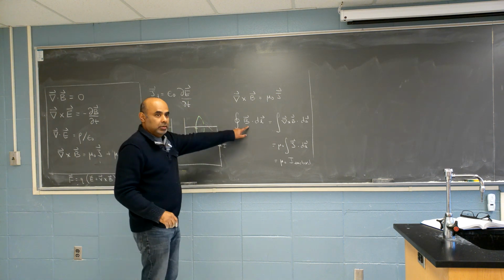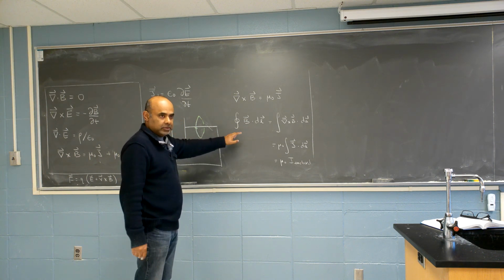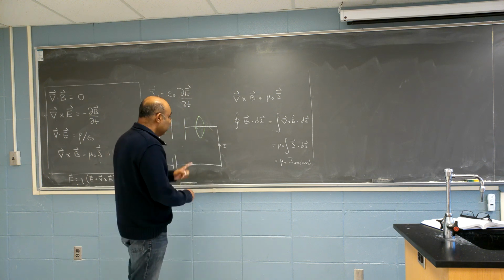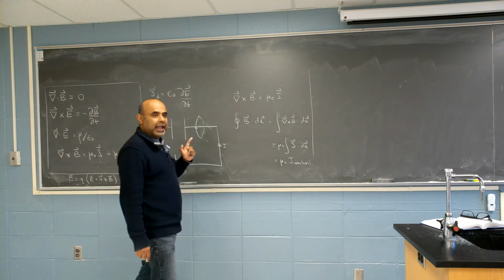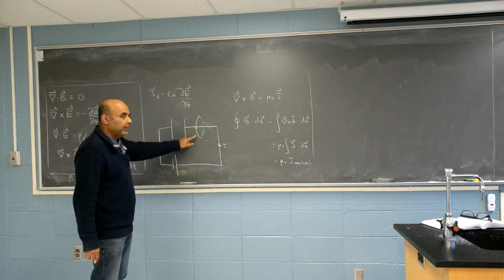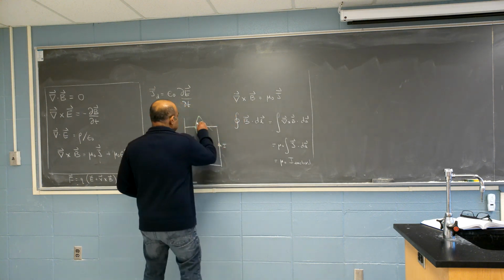It is one number. It shouldn't depend on anything else. It's just a number it should give you. Fine. But I have dA. I can pick any area for which this is the boundary. One choice I have is this area.